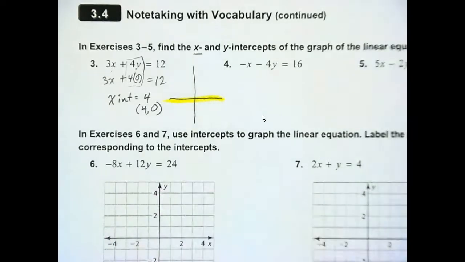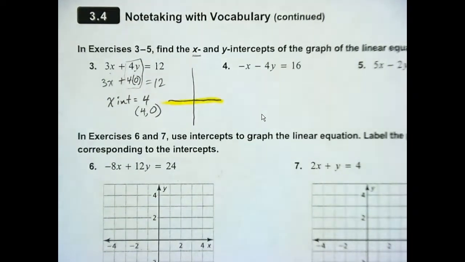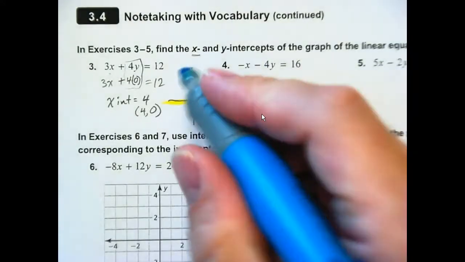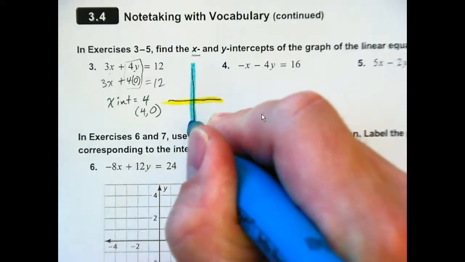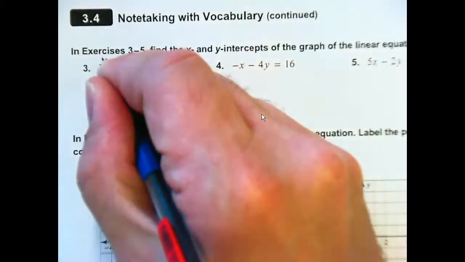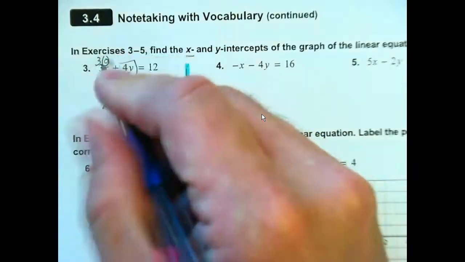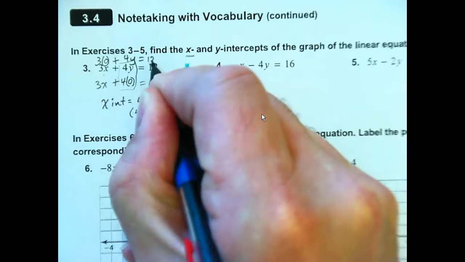Go ahead and figure out what your y-intercept is. Let's see if you got it. The y-intercept is when x is 0. If I plug 0 in for x, what happens to the 3x part of the equation? It goes away.